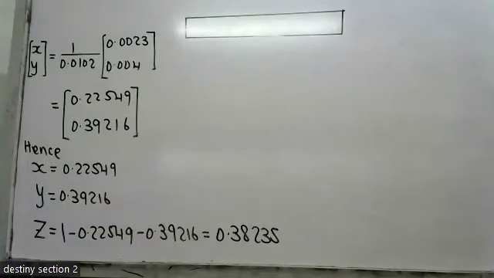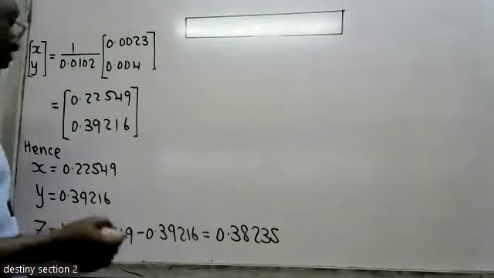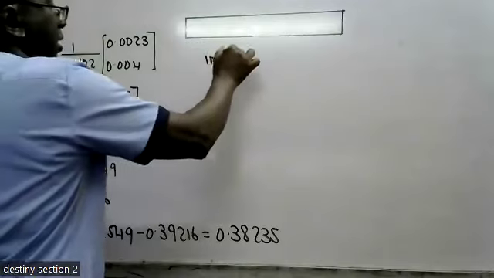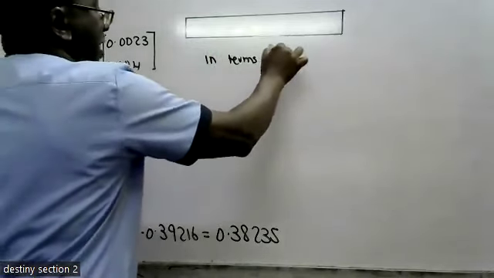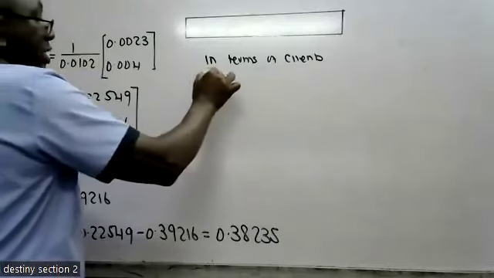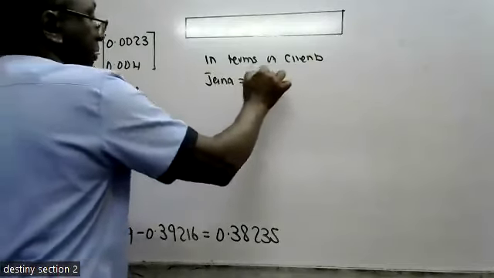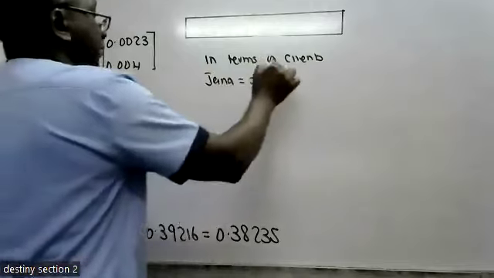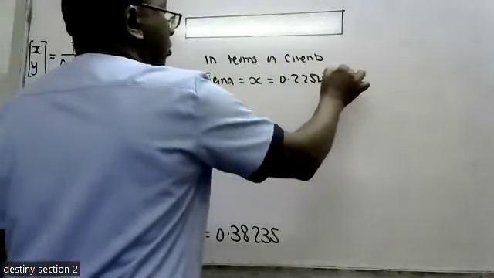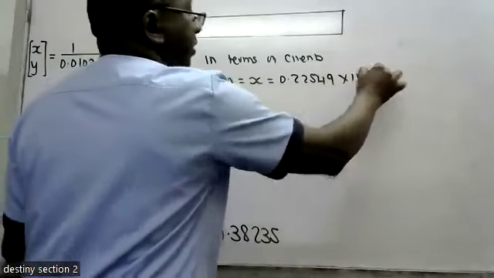So those are the long run shares. As I have told you, in terms of clients, Jana, which was represented by X, is going to have 0.22549 multiplied by 1151.